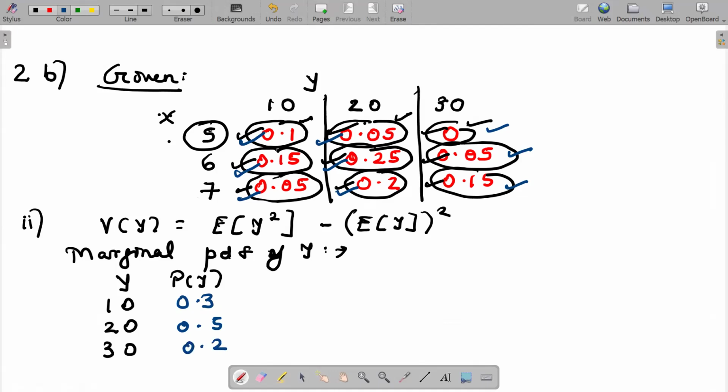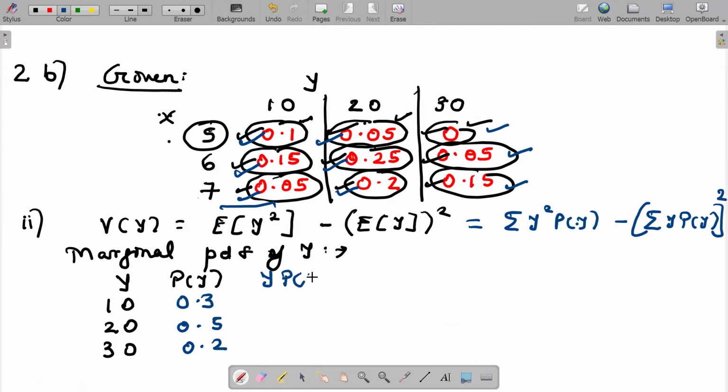Okay, so how do we calculate expected value of y square? It is summation y square into p of y, minus expected value of y itself, which is summation y py, whole square. So first I calculate y into py, that is just multiplying these two columns.